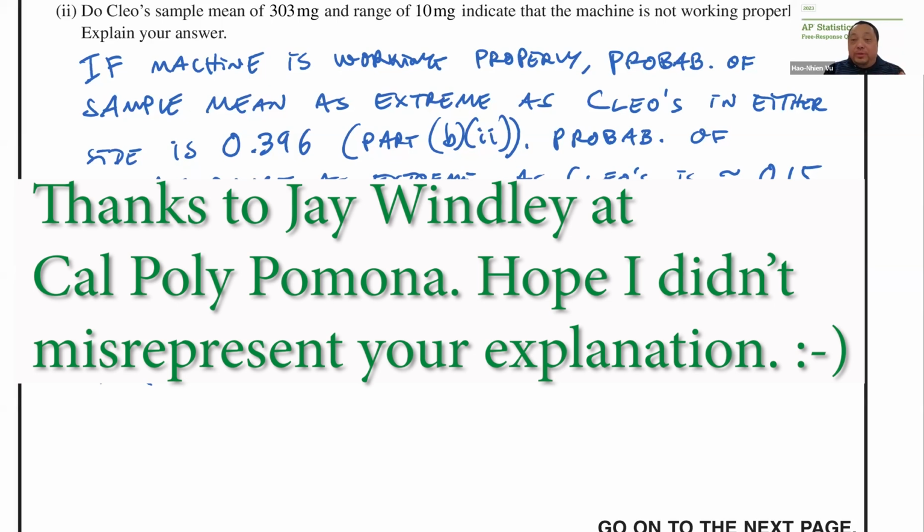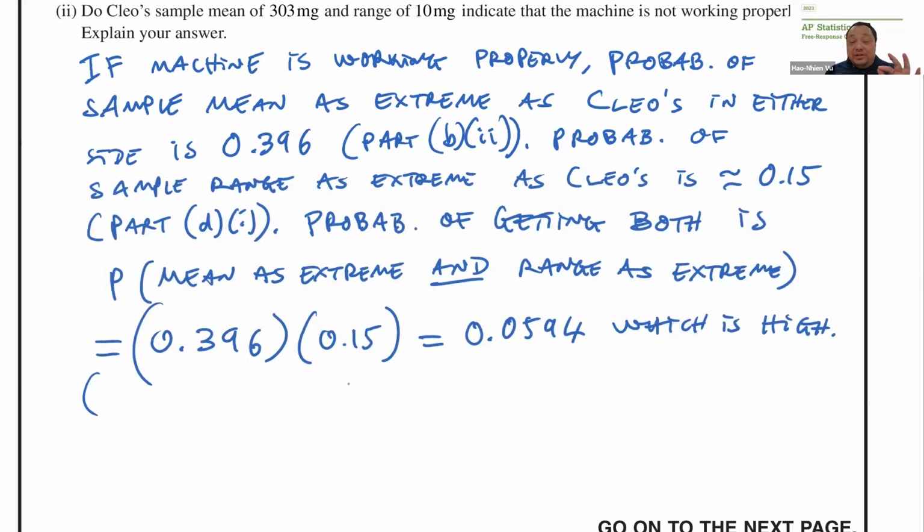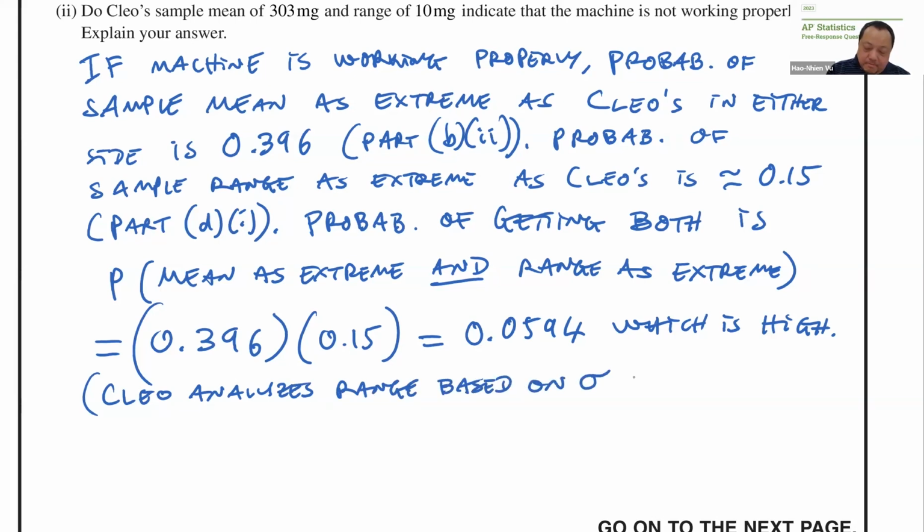If you don't know the theory, you can tell by this problem, because this problem tells you that Cleo analyzes range based only on sigma, but analyzes the mean based on mu.